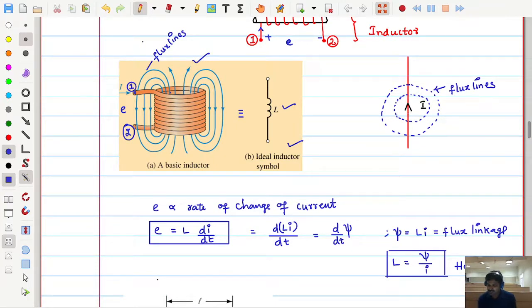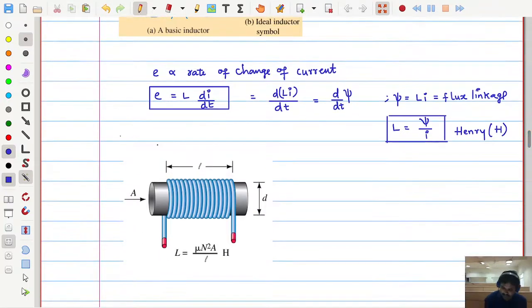That means it is opposing the change in current, meaning it tries to oppose the sudden change in the flux. So this is the basic property of the inductance. So I can write here: inductance opposes change in current.